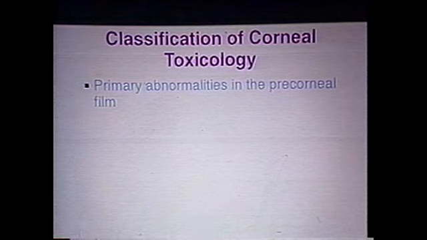We said earlier that the precorneal film was extremely important with respect to the maintenance of the eye and the normal integrity of the eye, and you can see there that this forms one of the possible types of abnormality that can occur as a result of toxicity.